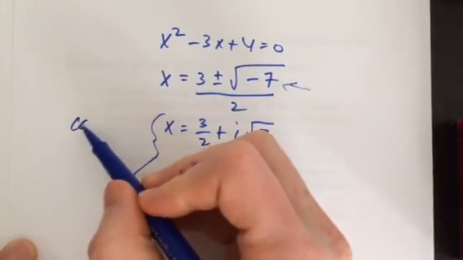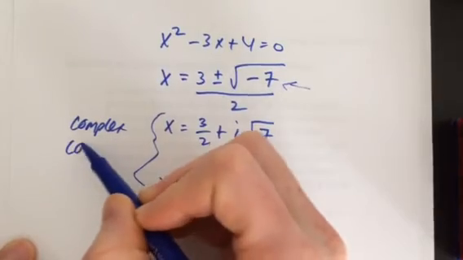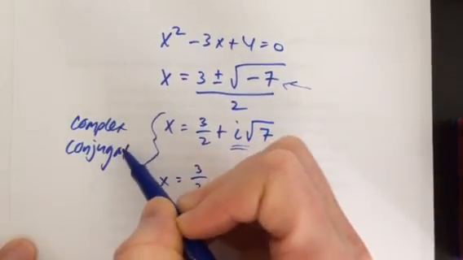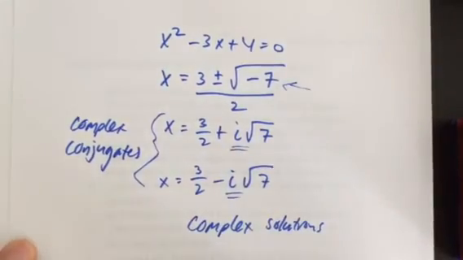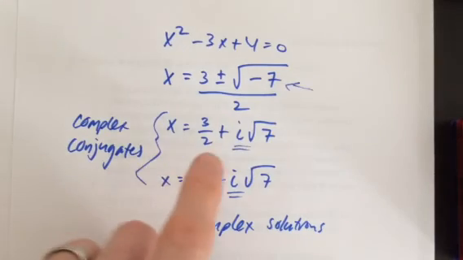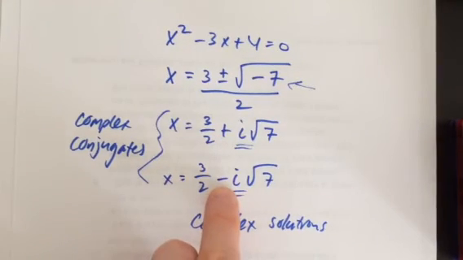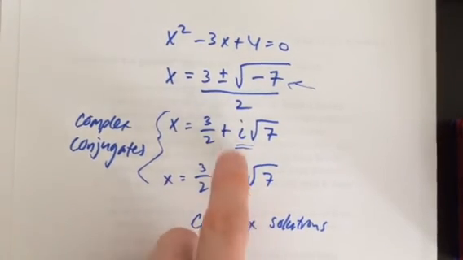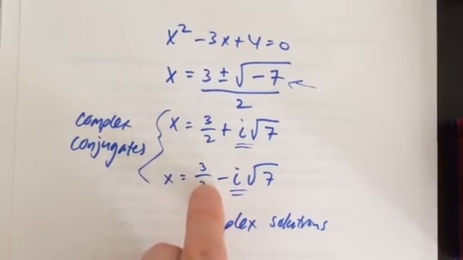And so these are called complex conjugates. It's the pair of solutions to your quadratic equation that are both complex, and they only differ by whether the imaginary part is being added or subtracted to the real part.